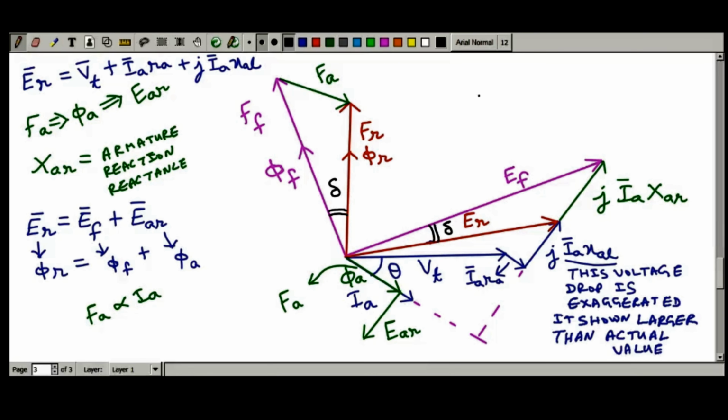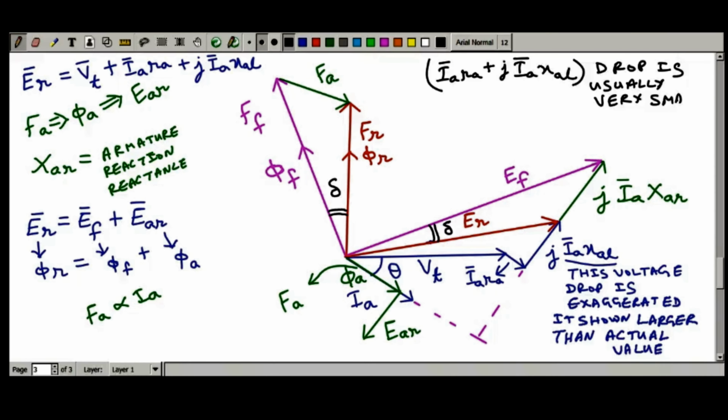But actually what happens, let me write it, the armature resistance drop IaRa and the armature leakage reactance drop IaXL, this voltage drop is usually very small. So what can we say? That Vt is approximately equal to ER.